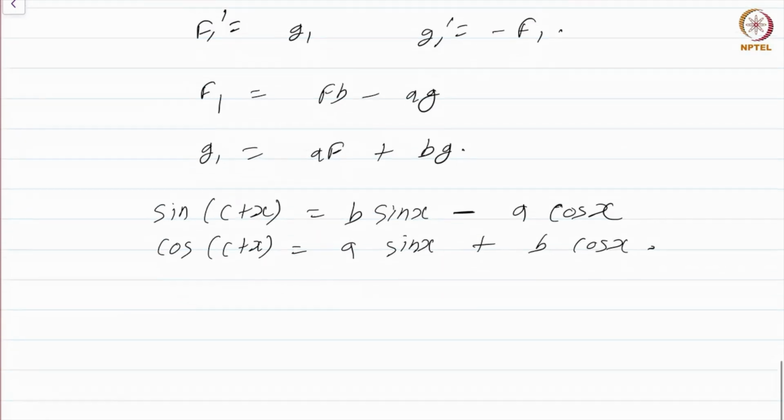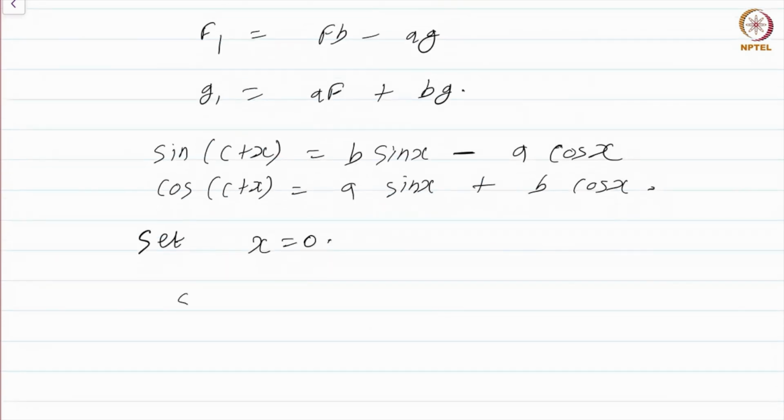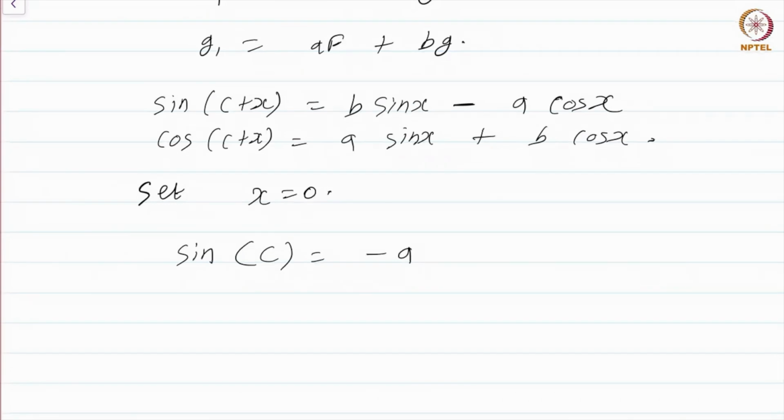Okay. Now what we do is set x to be equal to 0. What we get is sine of c is equal to minus a, and the second equation gives us cos of c is equal to b, just by setting x equal to 0.